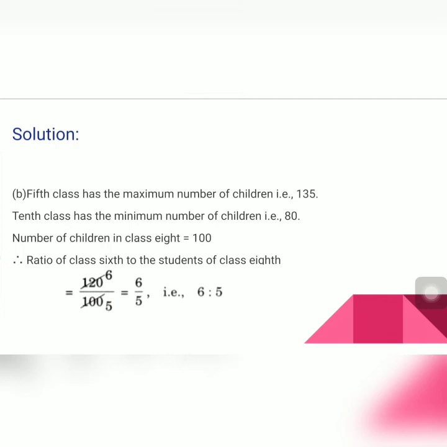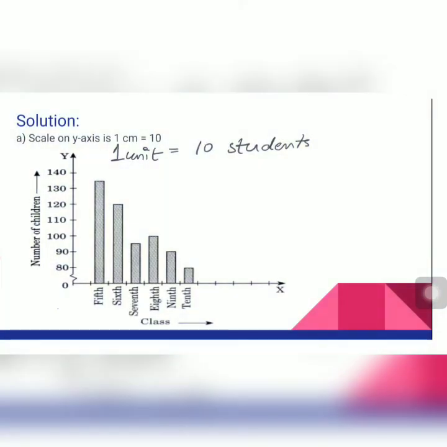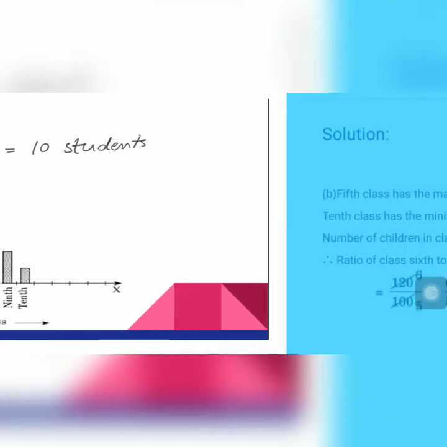So we can see that the ratio comes out to be 6:5. So 6:5 is the value associated with the ratio of students of class 6 to students of class 8th. Okay, see 120 for class 6, and for class 8 it's 100.